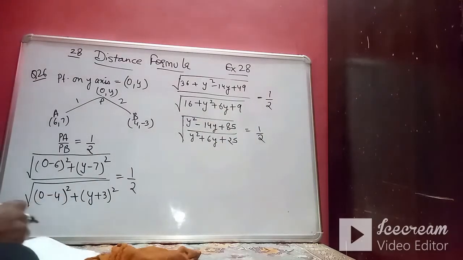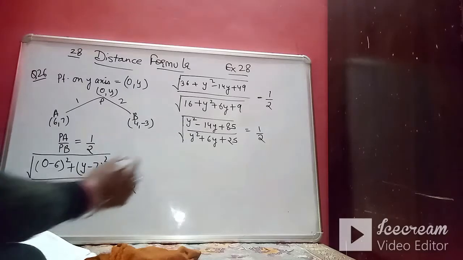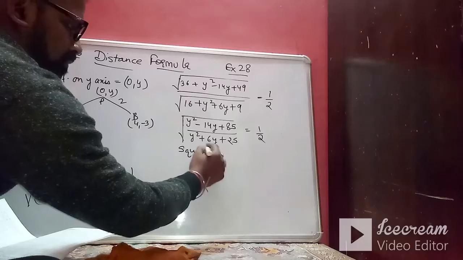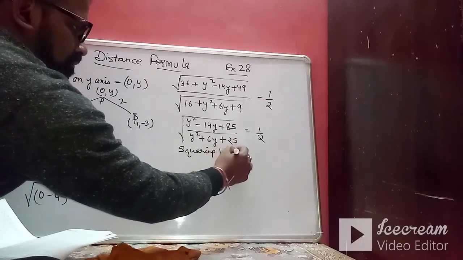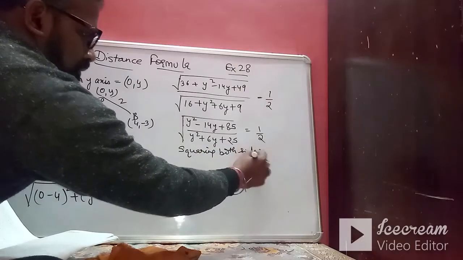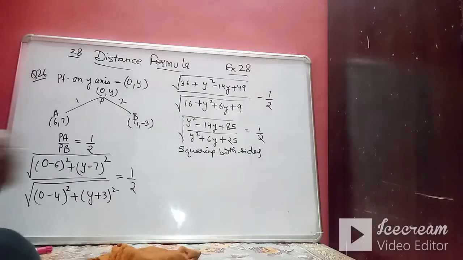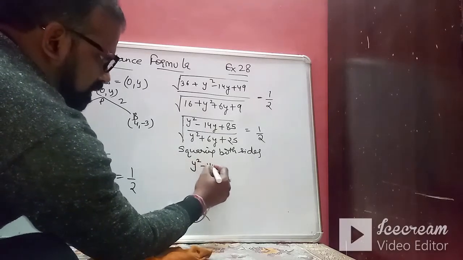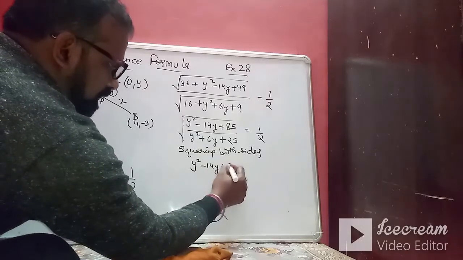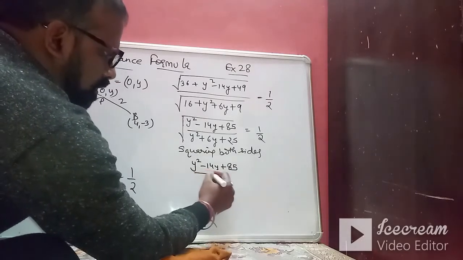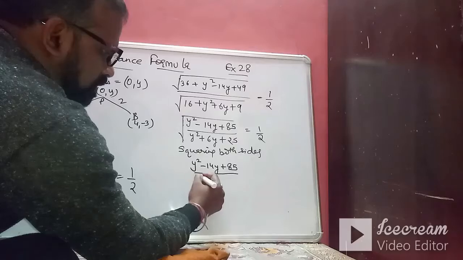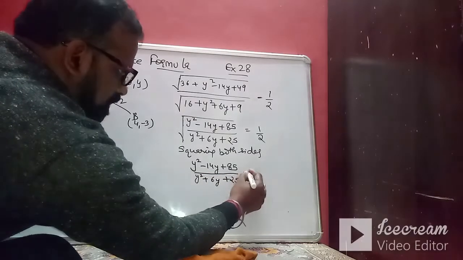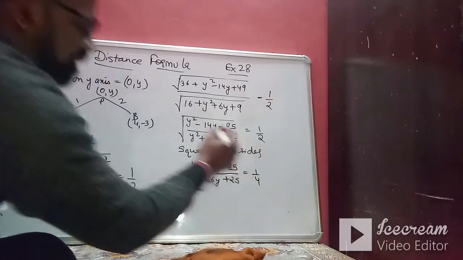Then we will square both sides. Squaring both sides, the value will be y square minus 14y plus 85 upon y square plus 6y plus 25 is equal to 1/4.